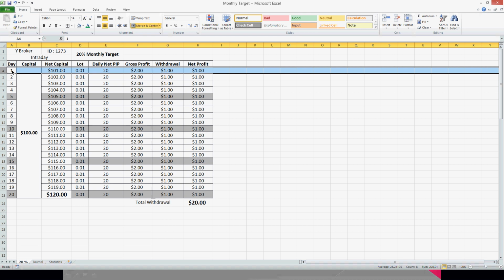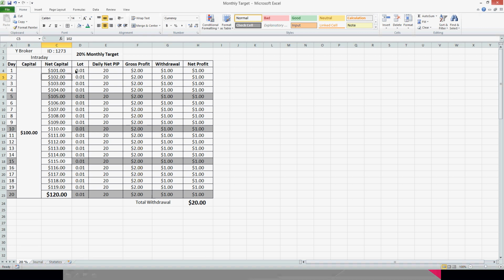On the first day, I set myself up so that every day I should be able to achieve about 20 pips. And every day I will only use 1 cent lot. At the end of the day, if I achieve these 20 pips, I will gain about $2 per day.